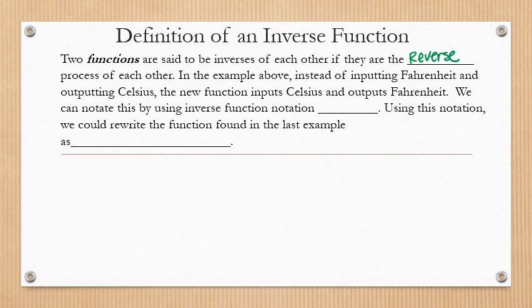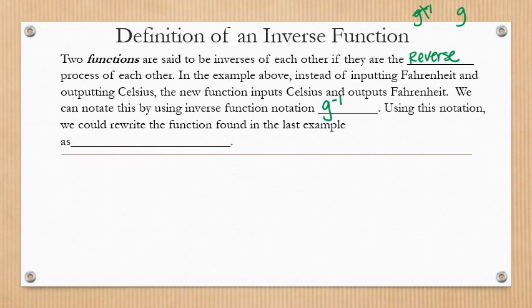We can notate this by using inverse function notation. This function was called g on the last slide. So we would notate that inverse function as g to the negative 1, which is g inverse.